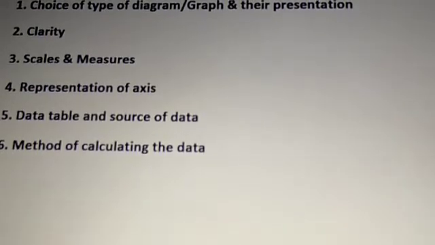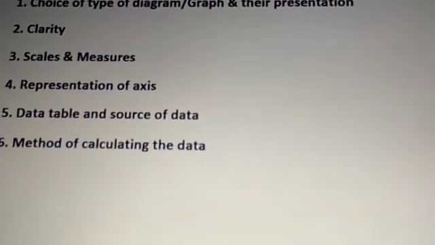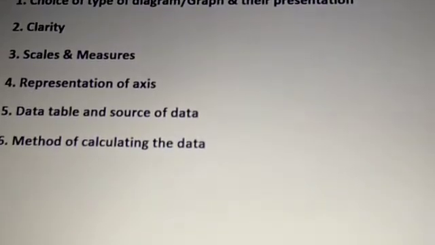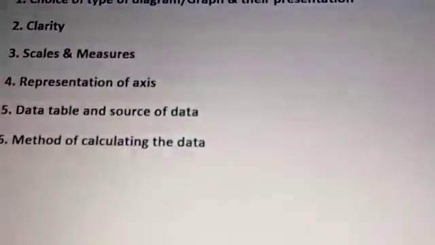To make any graph we need information, and that information is written in the form of a table, which we call a data table, and that is considered the source. Source means the beginning, the reason to make that graph. With any graph, you will see a table is drawn first, and with that table the graph is also made.